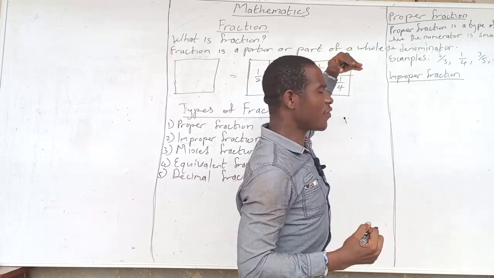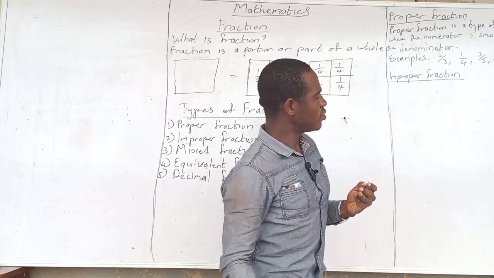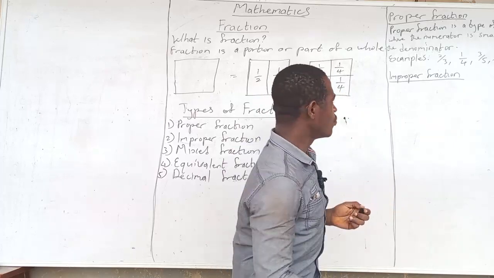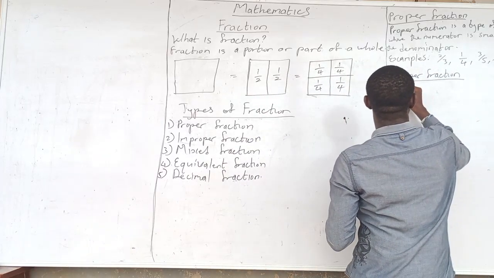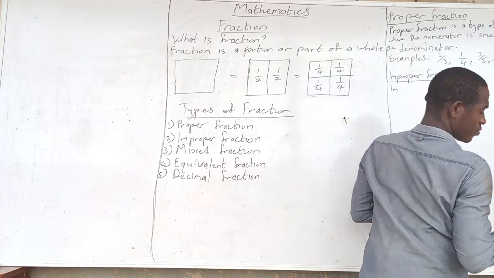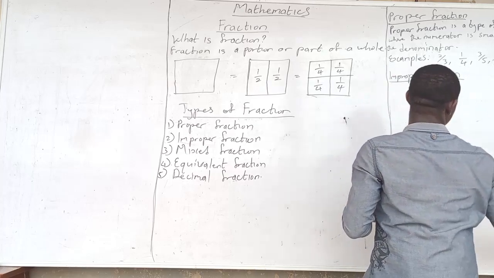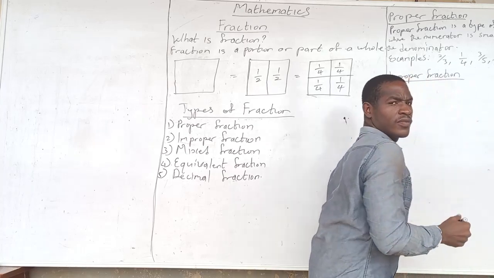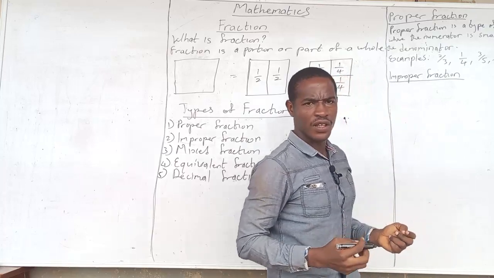That is, the number up in the fraction is bigger than the number below.